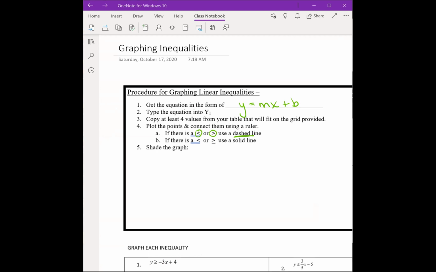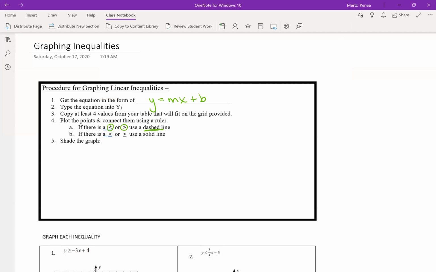You have to shade your graphs. If the graph is less than, you have two options. You can just remember the rule. If the graph is less than, let's say our slope is going up, a positive slope, we would shade below.